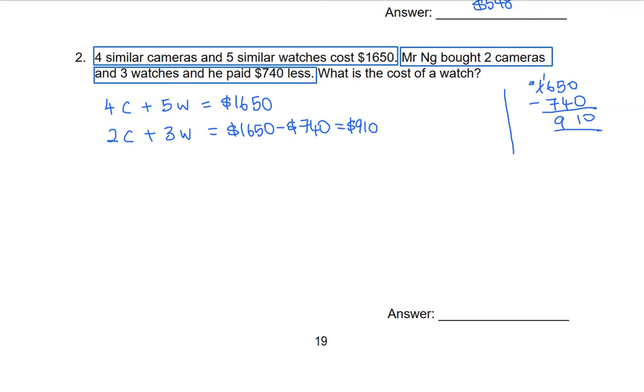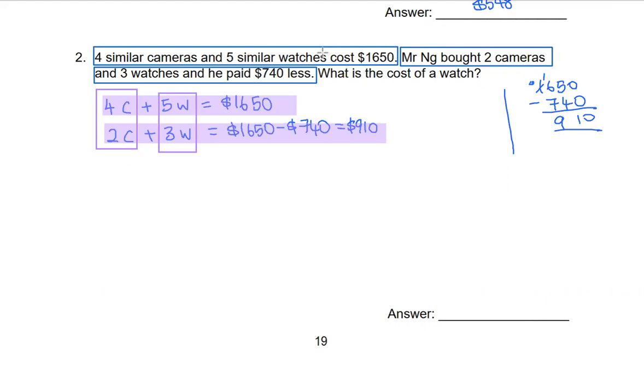Now, first of all, we want to compare what we have written: 4 cameras and 5 watches cost this, 2 cameras and 3 watches cost 910. It is difficult to compare when both the number of cameras and the number of watches are different.